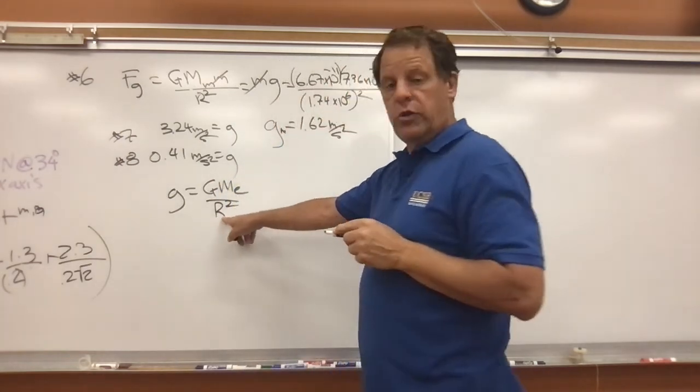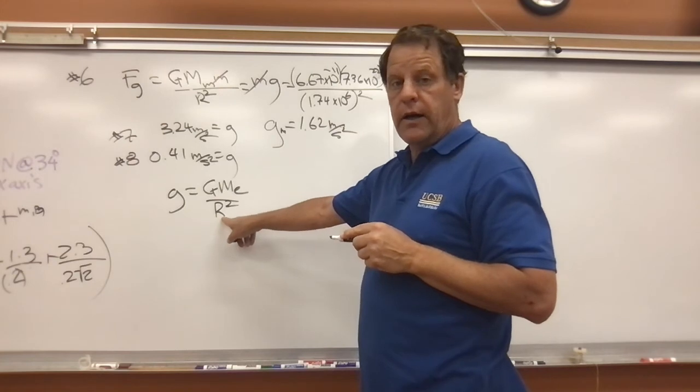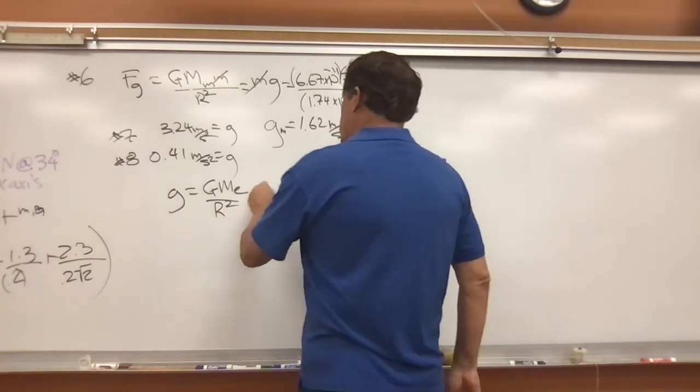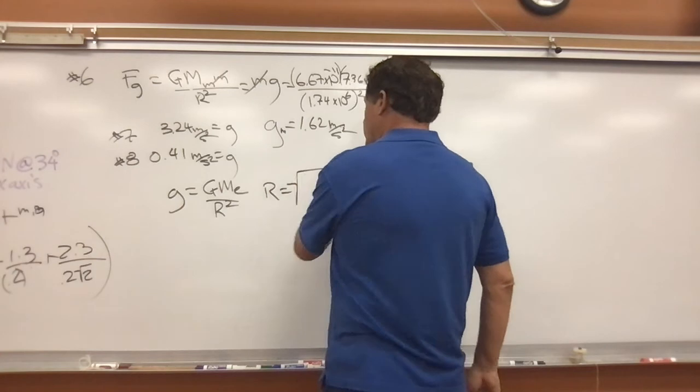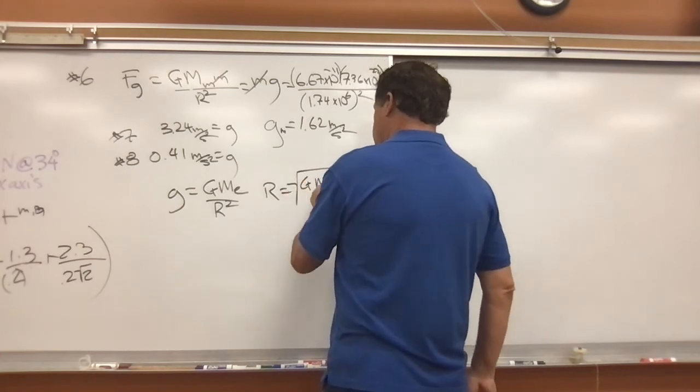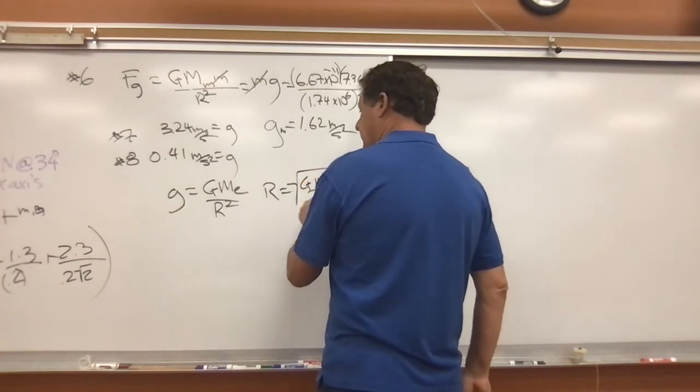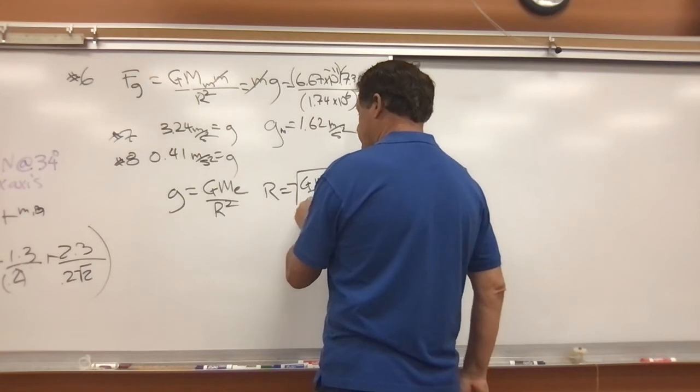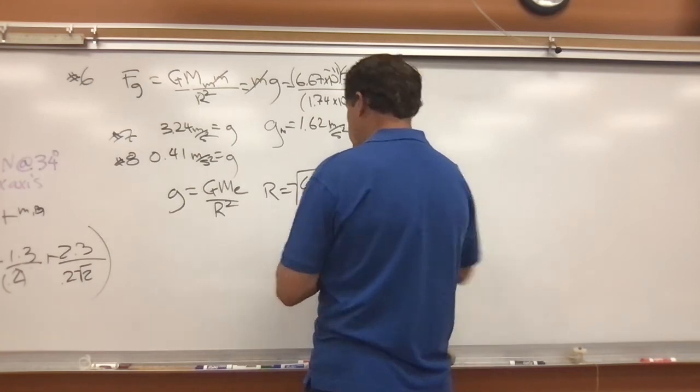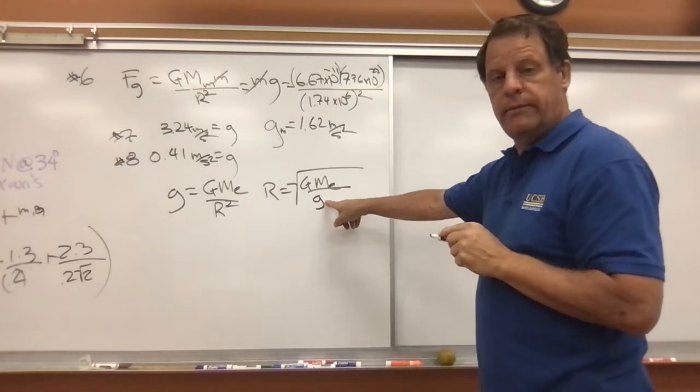Except this time we're looking for the radius. So the radius is going to equal the square root of big G times the mass of the Earth divided by g, which we want to be 4.9.